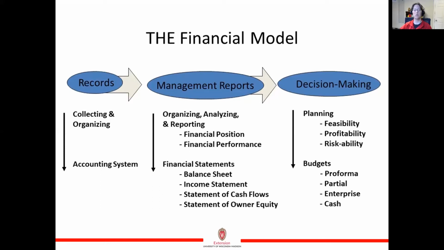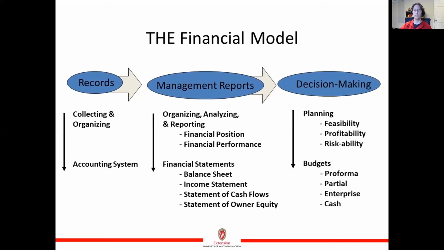The management reports provide us with a historical view or understanding of our farm business's financial position and performance. This provides us a basis from which to plan for the future and to make decisions. We want to understand our financial situation and make decisions considering future profitability, feasibility, and riskability of an idea.